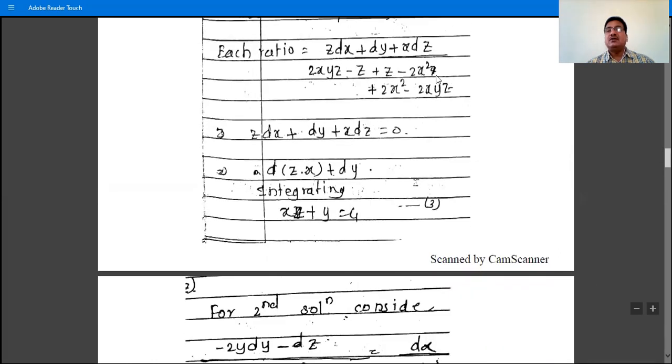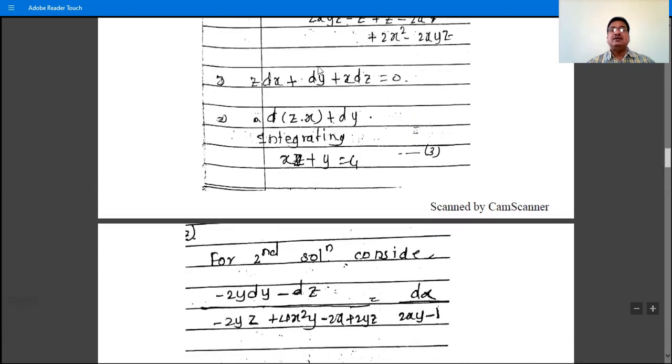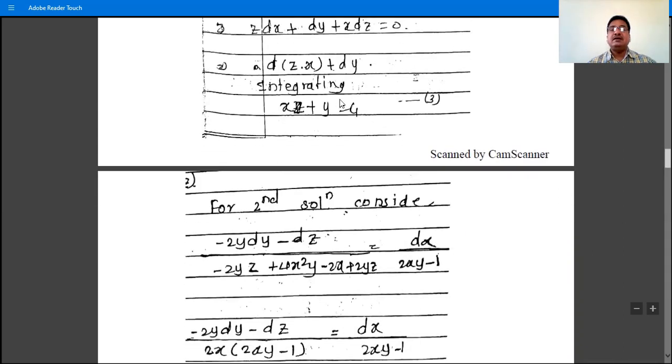If you add all these terms, we have 0. Therefore z dx + dy + x dz = 0, and z dx + x dz is the derivative of zx, with dy as it is. Then integrating, we have xz + y = c1. So this is equation number 3.